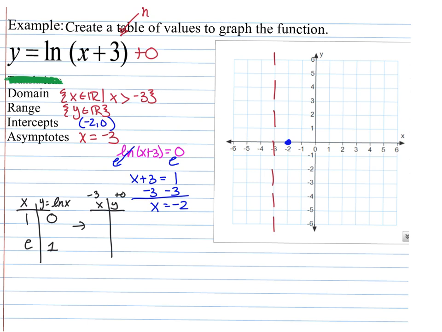Then we're going to go 1 minus 3, which is going to be negative 2. And we know that e is approximately 2.71. So 2.71 minus 3 is approximately negative 0.29. And these numbers stay the same because there was no vertical shift. So we're going to have negative 2, 0, which we already have, which is our x-intercept. And then we're going to have negative 0.29, which is somewhere around here, and 1. So our graph's somewhere there. And we're going to graph our line, and that should be our graph.